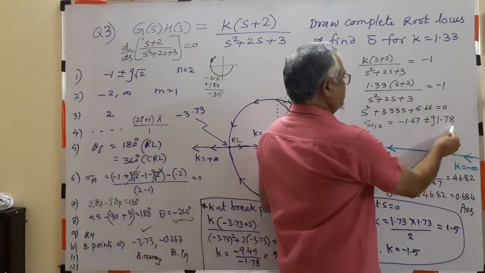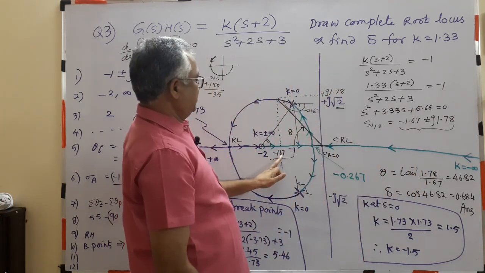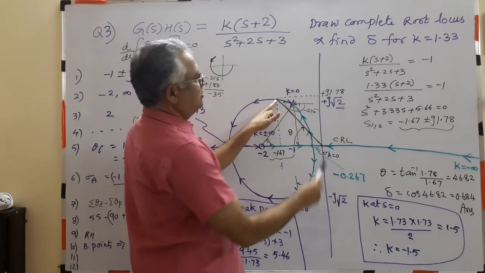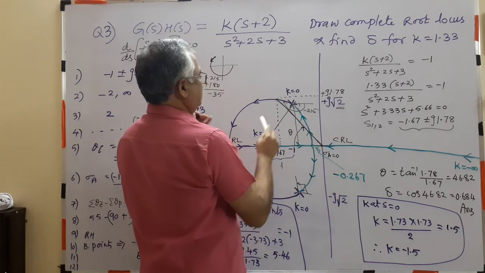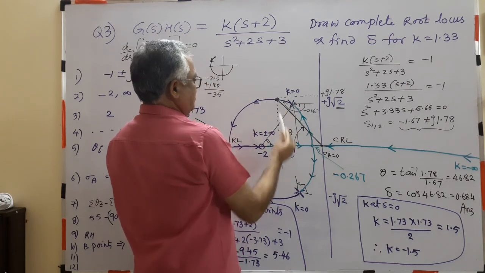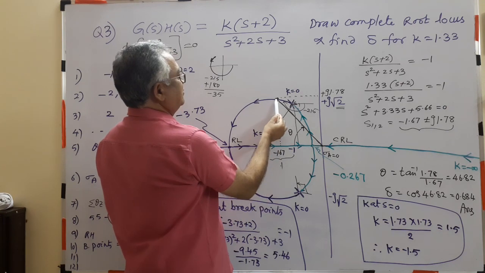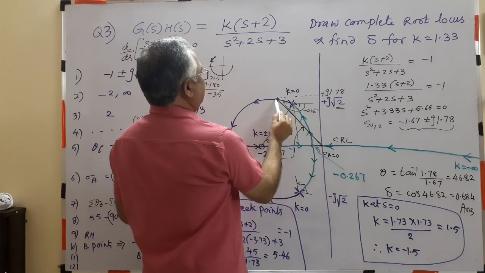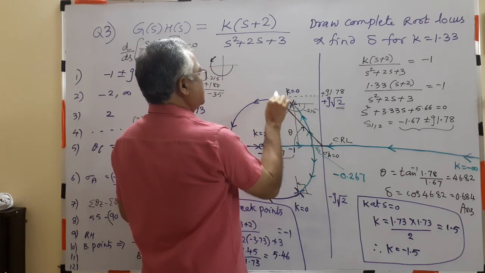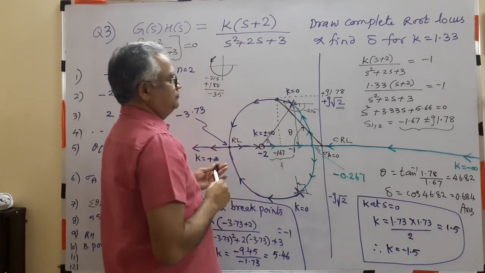So these are the roots: minus 1.67 plus j 1.78. So this is the point. This is minus 1, this is minus 2. Indirectly they are asking to find the damping ratio at this point.